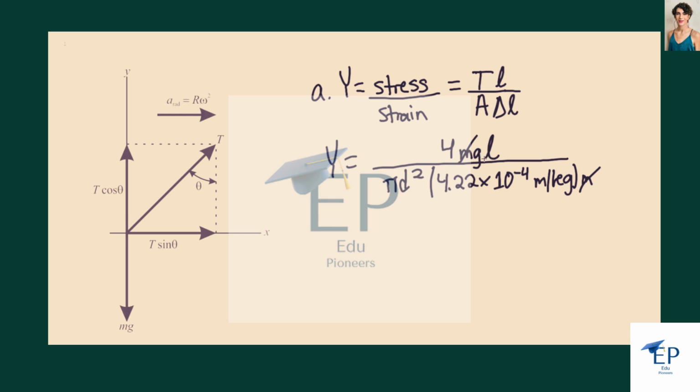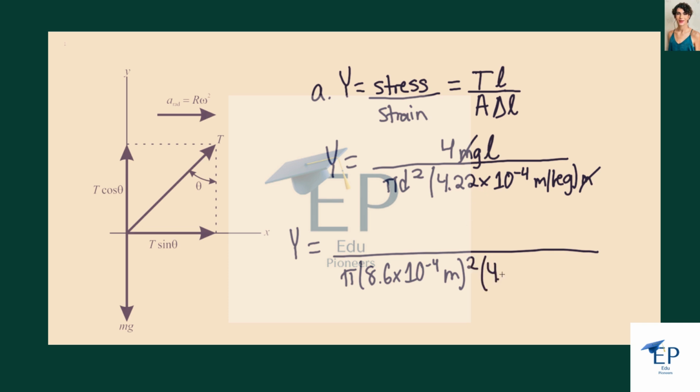With that, we can then solve and say that the Young's modulus is going to be equal to pi times the diameter squared, so 8.6 times 10 to the negative 4th meters squared times 4.22 times 10 to the negative 4th meters per kilogram.